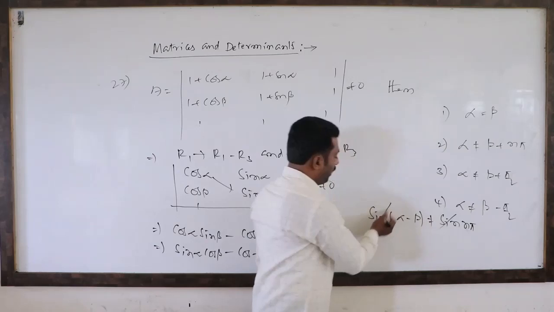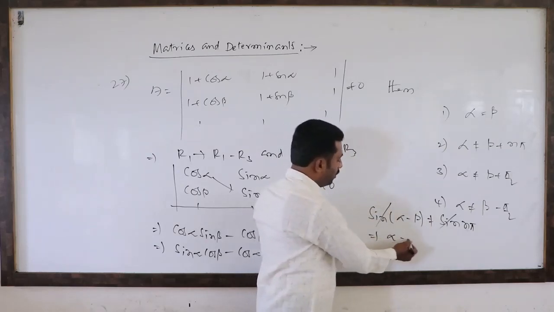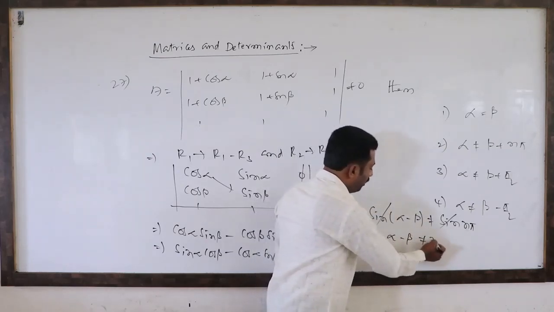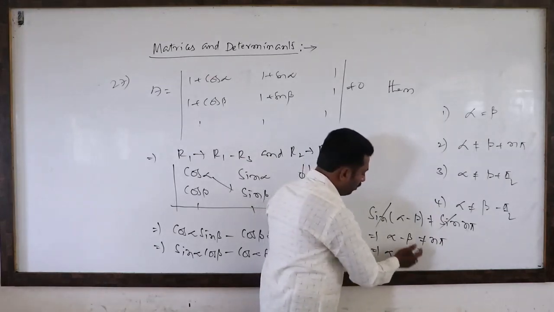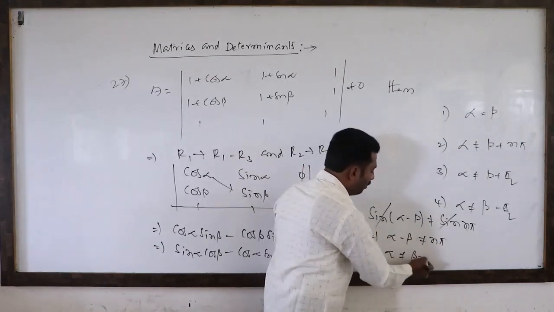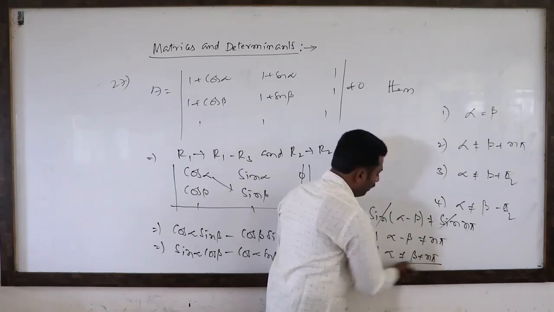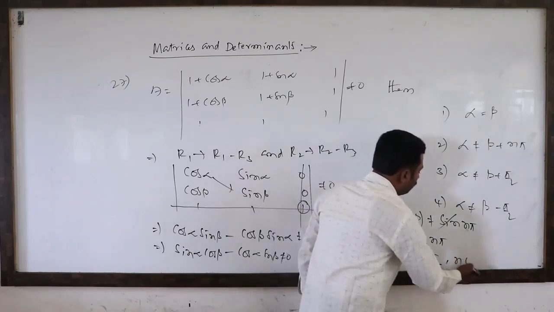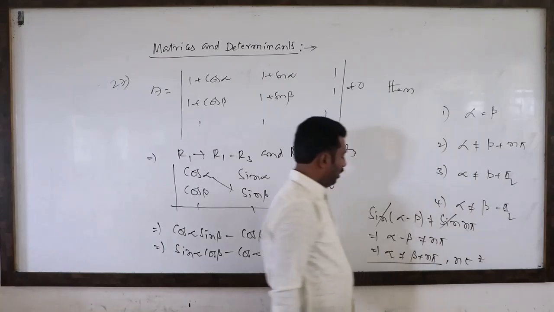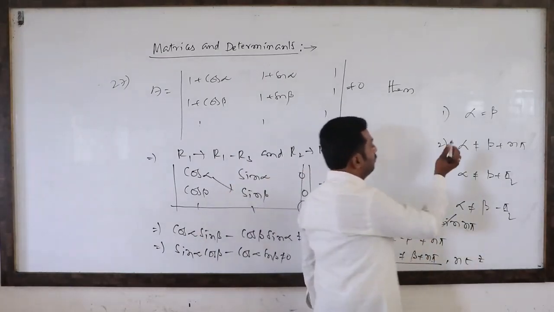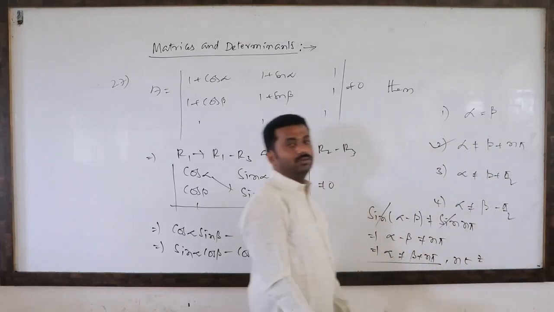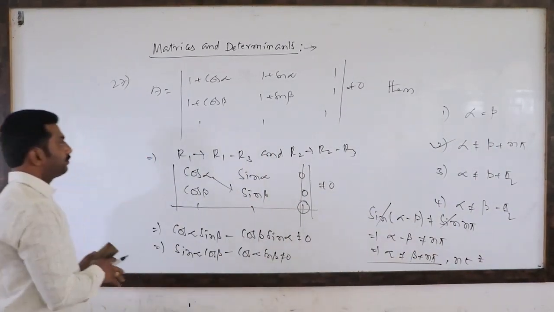So sin cancels. So from this, alpha minus beta is not equal to n pi. So alpha is not equal to beta plus n pi, where n belongs to any integer. This is the answer we have to take.